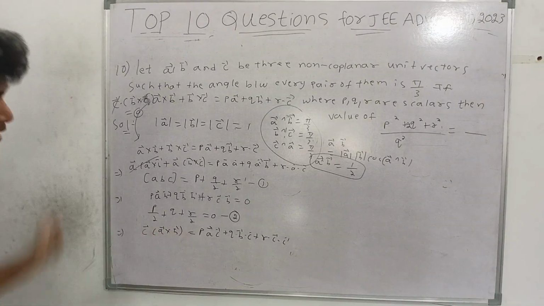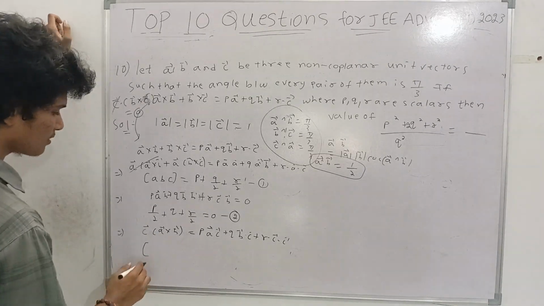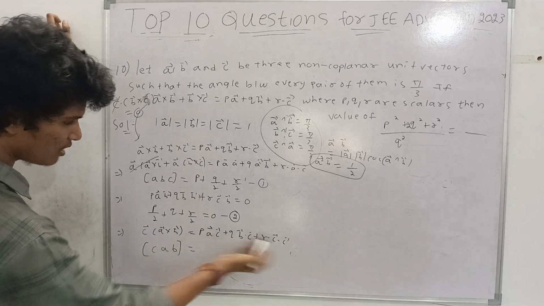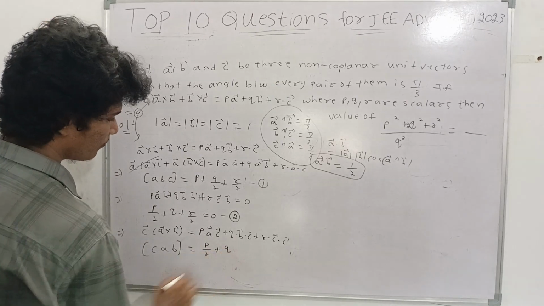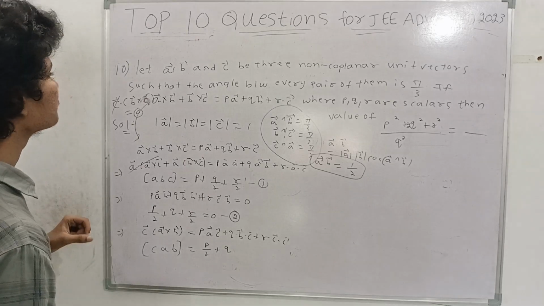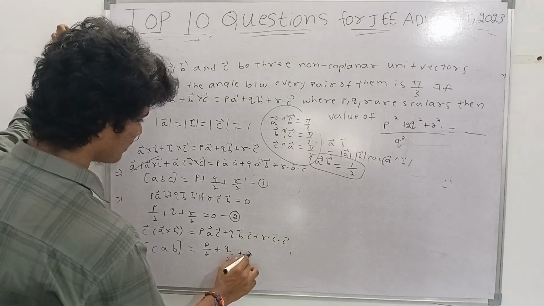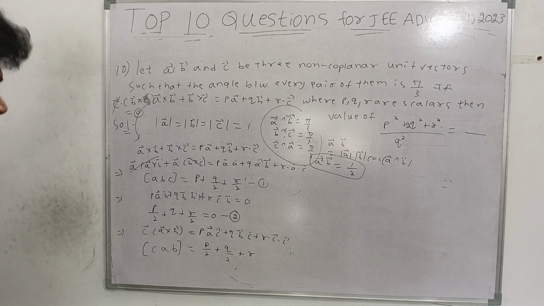Here it is c dot a cross b. What is c dot a cross b? It is simply box c a b. The value of this thing is p by 2 plus q by 2 plus r. That's it. Now we have to solve these equations and find the values of p, q and r.